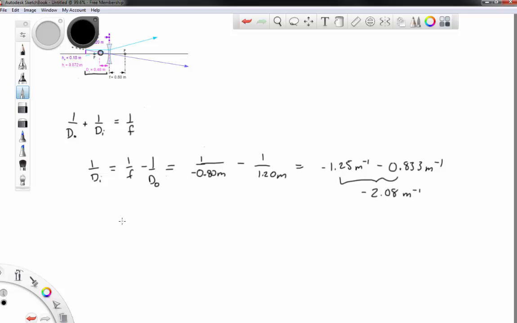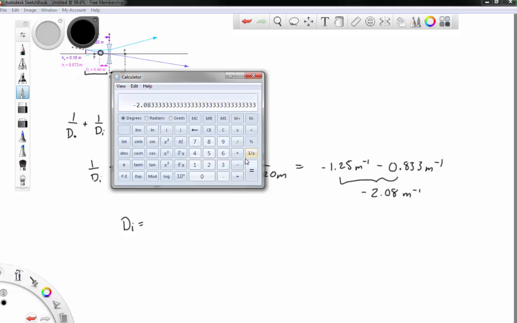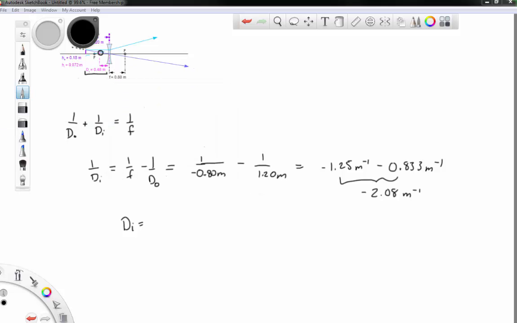So now we take a reciprocal to get di, and what that's going to give us is minus 0.48. So the image is formed minus 0.48 meters, that's 48 centimeters, from the front of the lens. So this is 48 centimeters and it's on the same side of the lens as the object.